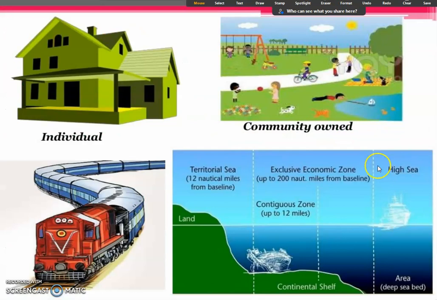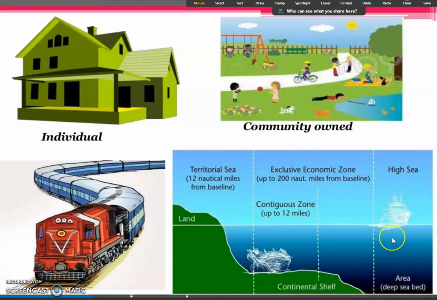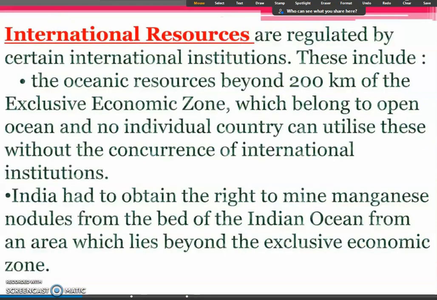Don't confuse here: the exclusive economic zone is not regulated by the international institutions. Beyond the exclusive economic zone, that is the high seas, are regulated by the international institutions.